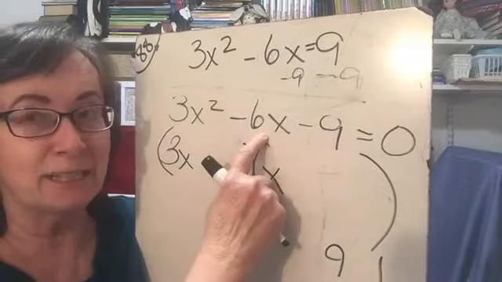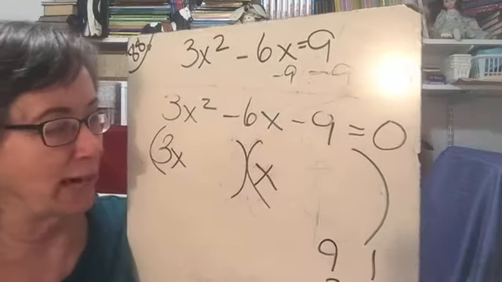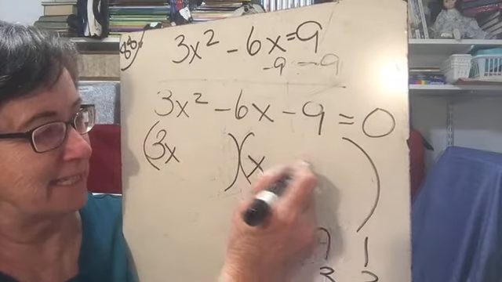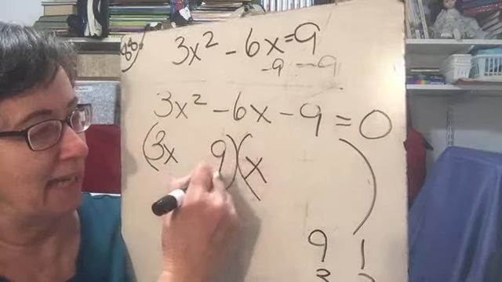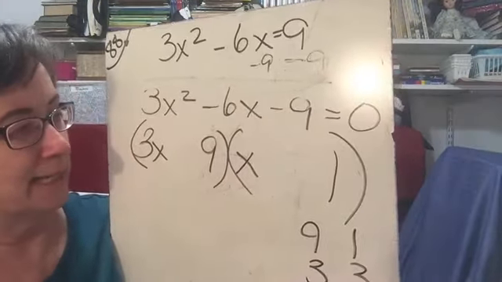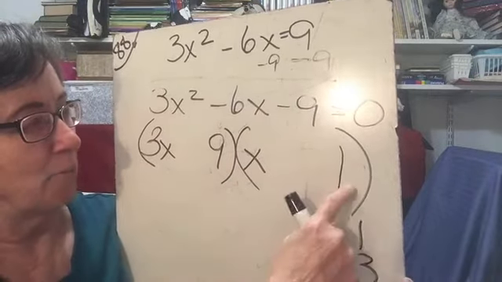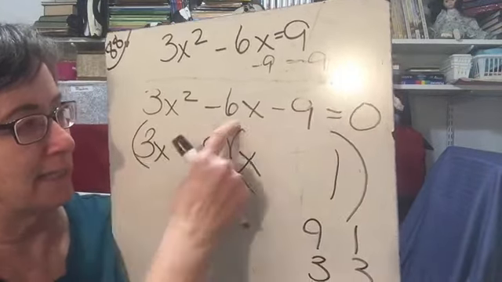Now, since this is going to be a result of a subtraction, I'm going to first try to put in, let's see, 9 and a 1. Let's see if that's going to do for us. So now, 9x minus 3 is a 6x. That looks like it might work.